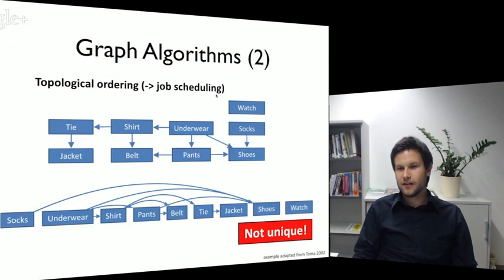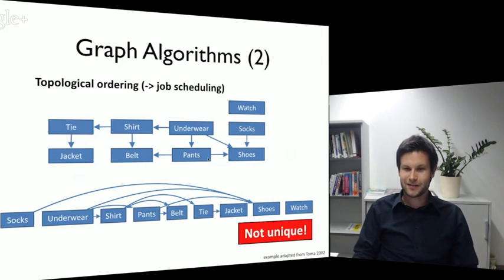An example here would be if you try to dress yourself in the morning, then you have different kinds of relationships or preconditions for the different nodes. Of course, you would need to start with the underwear before putting on the pants, and then you can put on your shoes. But you can't put on your shoes and then put on your pants afterwards.